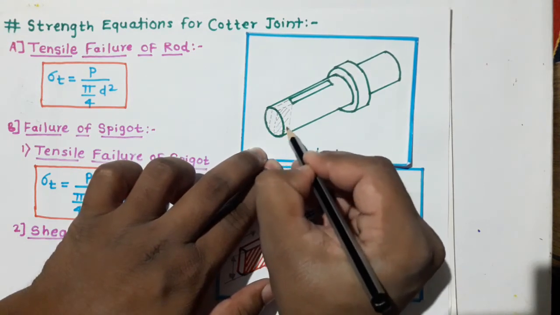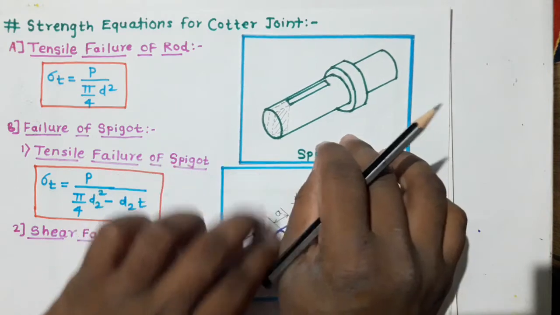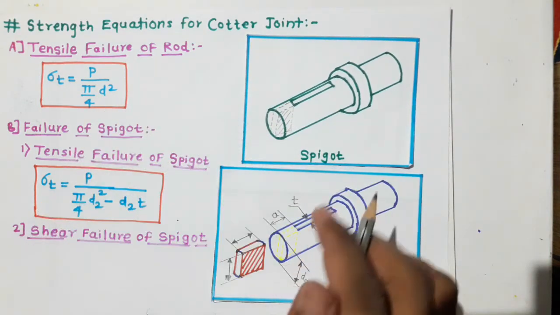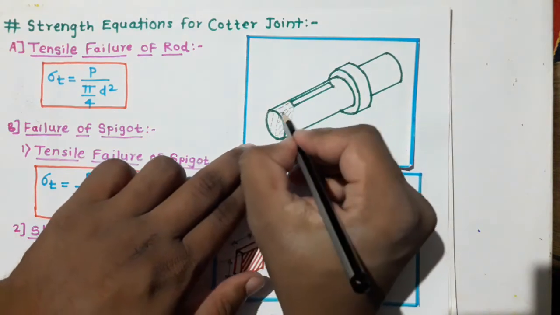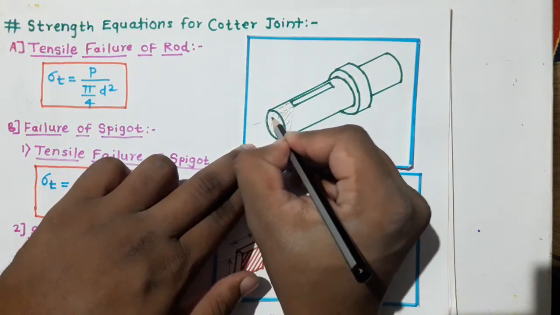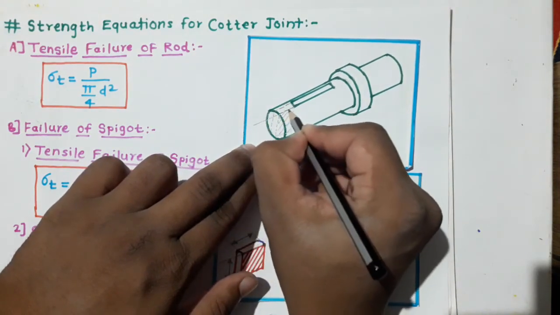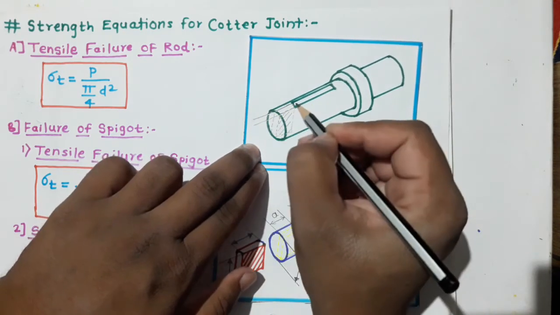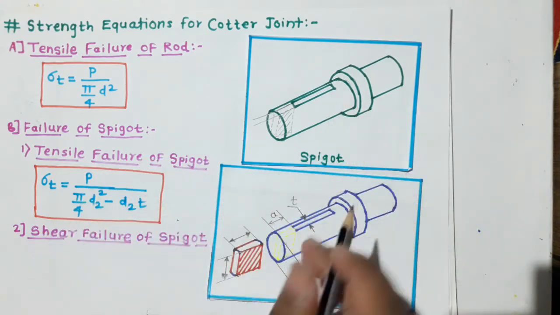This type of failure is called shear failure. Particularly this is called double shear failure because the failure takes place in two planes. So this is the first plane, and this is the second plane of failure, and thus this failure is called double shear failure.